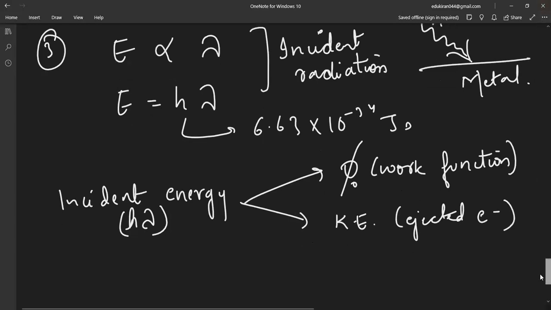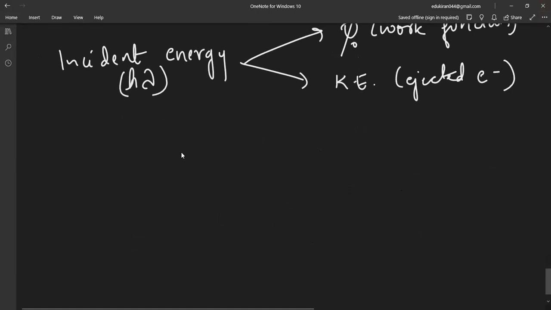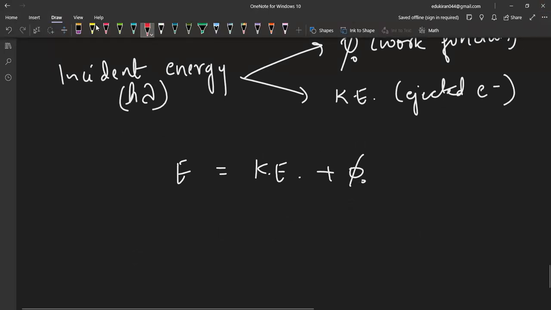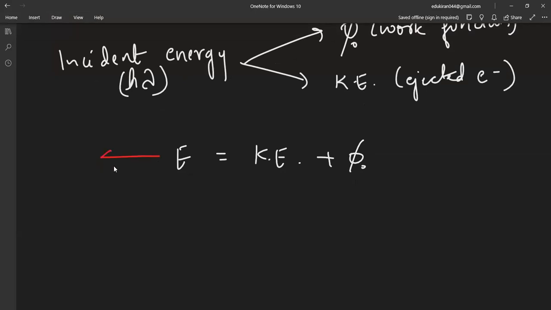Hence, you have the equation which we have already studied in our classes, that the energy of the incident photon is equal to kinetic energy plus the work function. And I have told you earlier as well, that for energy you can use the formula h nu or hc by lambda. For kinetic energy you can use half m v square.